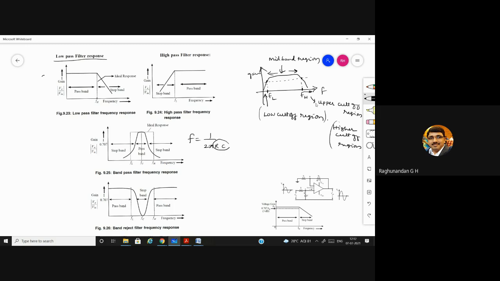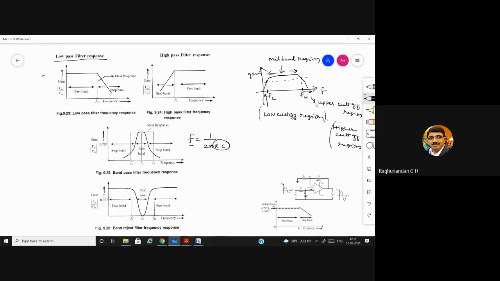By properly choosing R and C values, you can choose the frequency range. Only till that frequency will the signals be allowed. After that, everything will be eliminated or blocked.